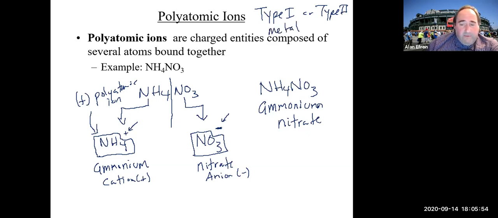Either that metal will be a type 1 or a type 2 metal, which means either you'll need Roman numerals or you will not need Roman numerals. It really depends on the metal. The names of the polyatomic ions, you do need to memorize the name and the formula. So I think we have a table coming here.